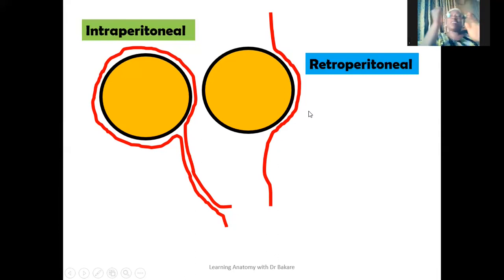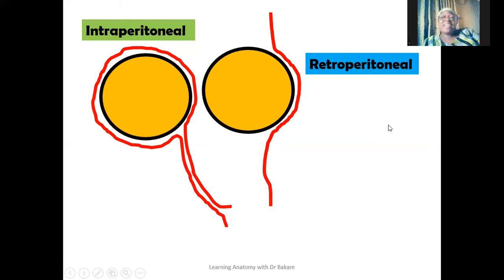Let's say this is the organ and you have the peritoneum covering it. So it will help to keep it in position. So in this kind of presentation, it helps to hold the organ in place. And that is why we say that retroperitoneal organs are not mobile. They cannot be mobile because of this establishment that is created between the peritoneum and the organ.